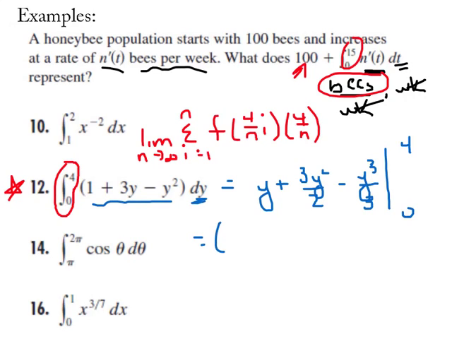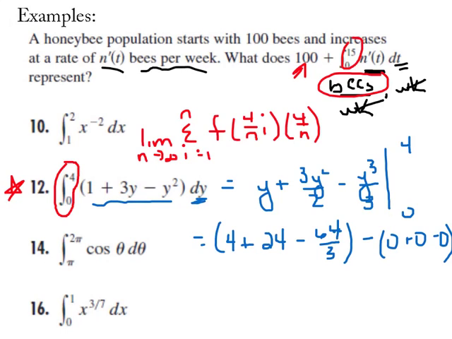So I have 4 plus 3 times 16 is 48. 48 halves is 24. Minus 4 cubed is 64 thirds. And then minus 0 plus 0 minus 0. So you could have just said minus 0.